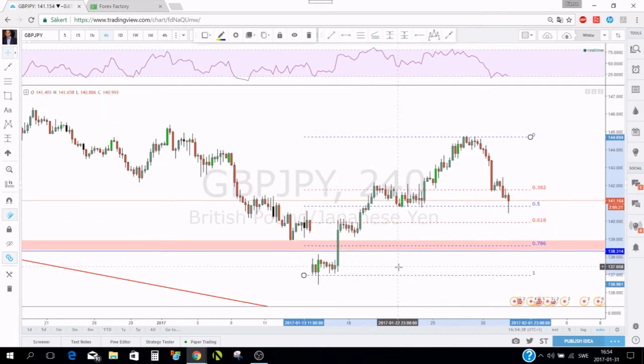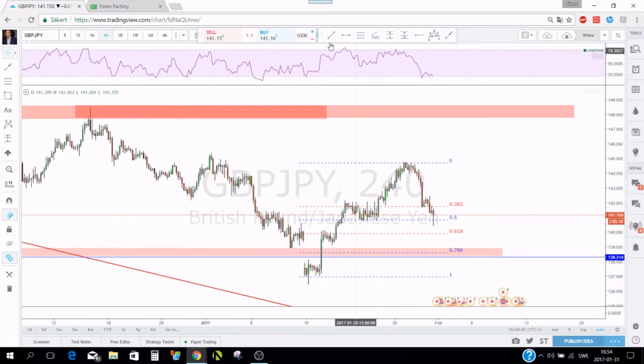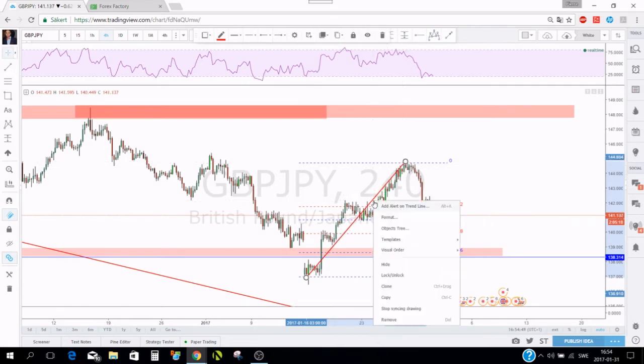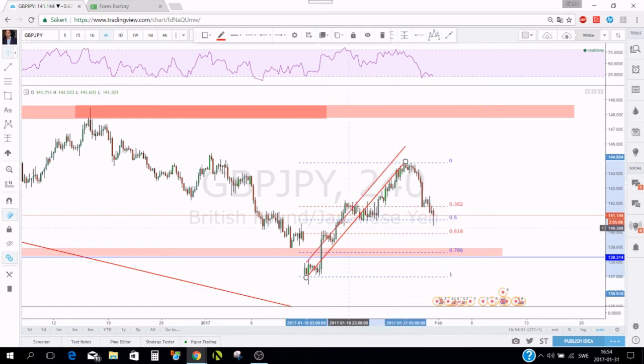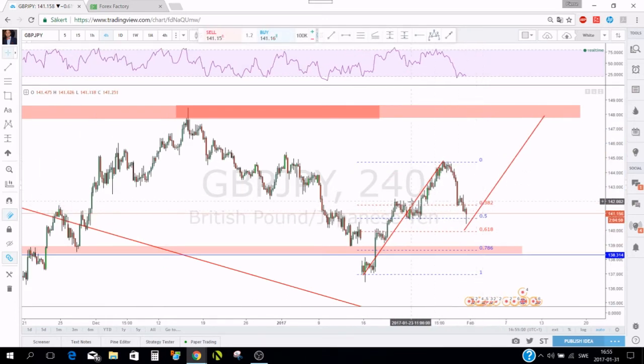So what we may have here is this situation here. This is our first leg, and this is our second leg here. So these are equal moves.